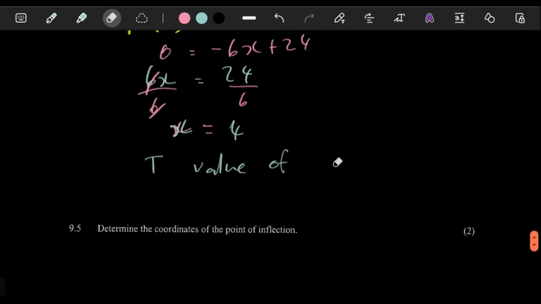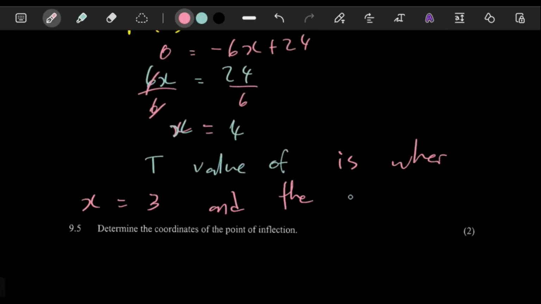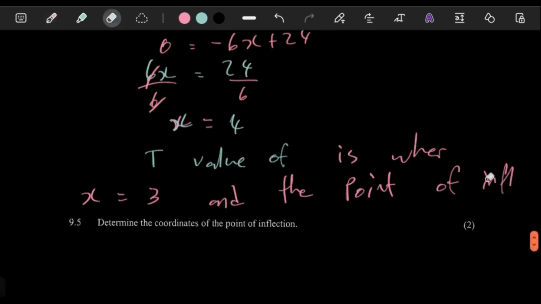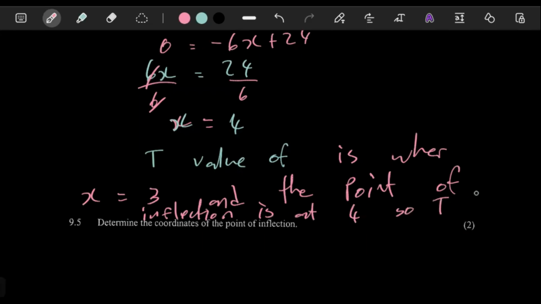Value of t is where x is equal to 3 and the point of inflection is at 4.